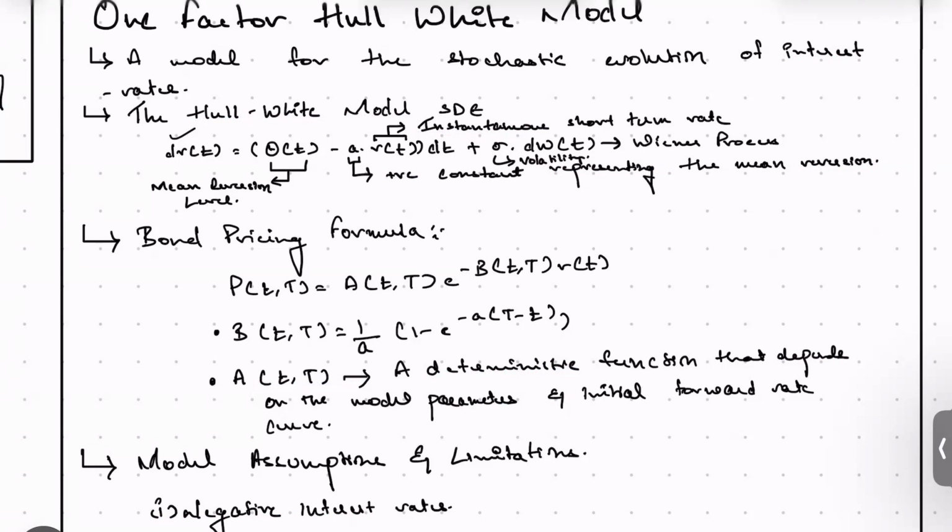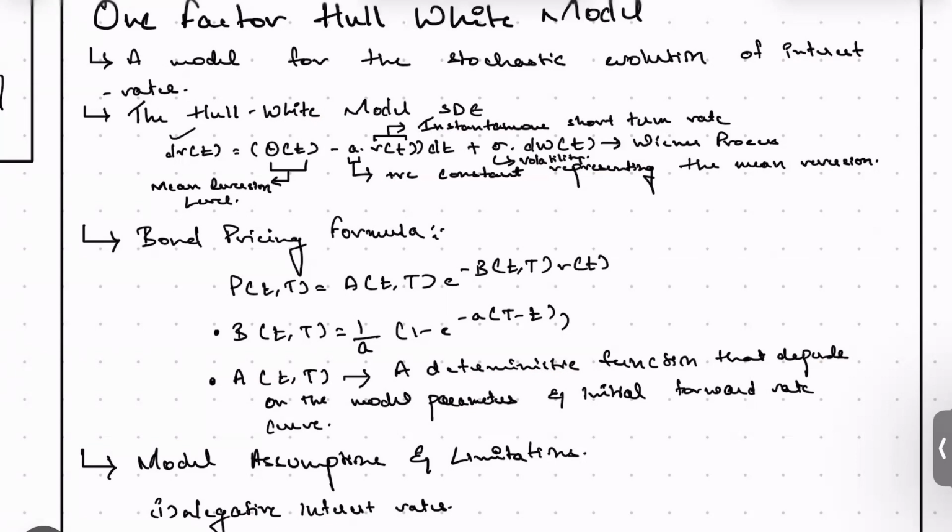The key components of this equation have clear financial interpretations. r(t) is the instantaneous short rate at time t. This is the single stochastic factor that drives the movements of the entire yield curve in this model. a is a positive constant representing the speed of mean reversion. This parameter captures the tendency of interest rates to be pulled back to a long-term average level.